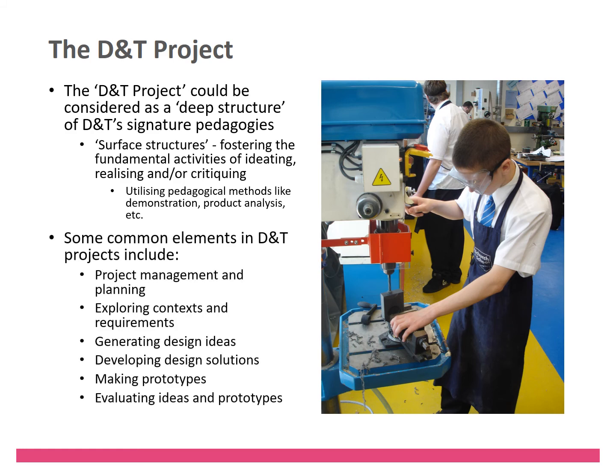And some elements that are common to D&T projects can include, not necessarily all, but some of these things that are listed. So project management and planning, exploring context and requirements for a project, generating ideas to a design problem, developing design solutions, making prototypes, evaluating ideas and prototypes, and you can be doing those things at various points within a project.